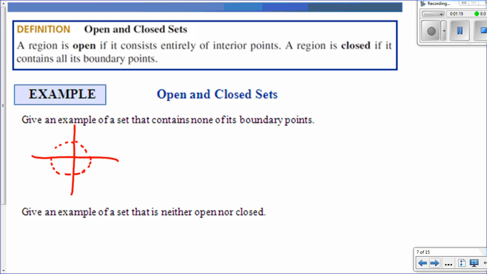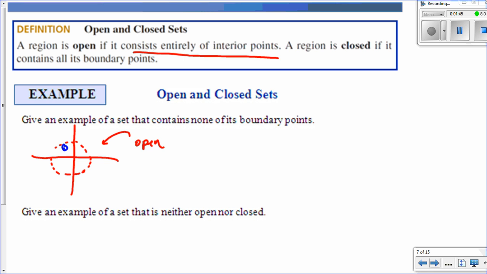The boundary points of this disk would be the points on the edge of that circle. So this is a circle that contains none of its boundary points. So this region would be an open region because it consists entirely of interior points. Any point you take in here, we can find a disk that's entirely contained inside that region.